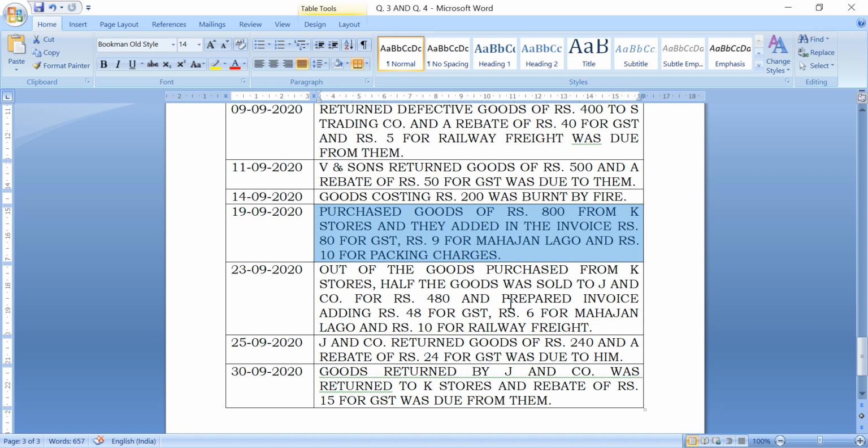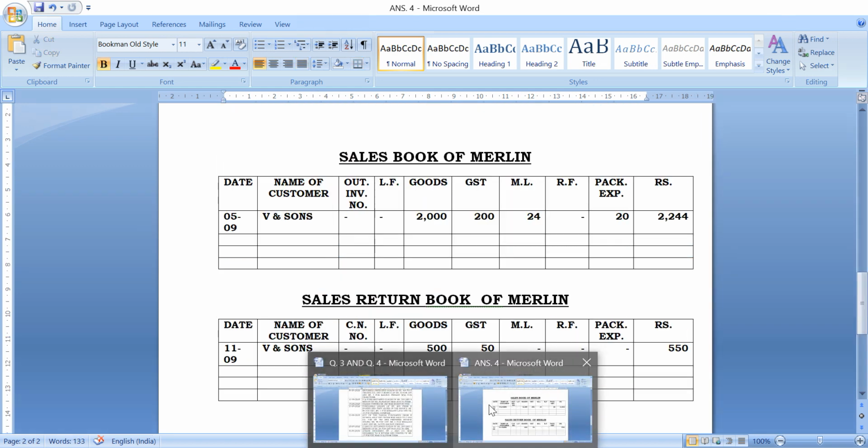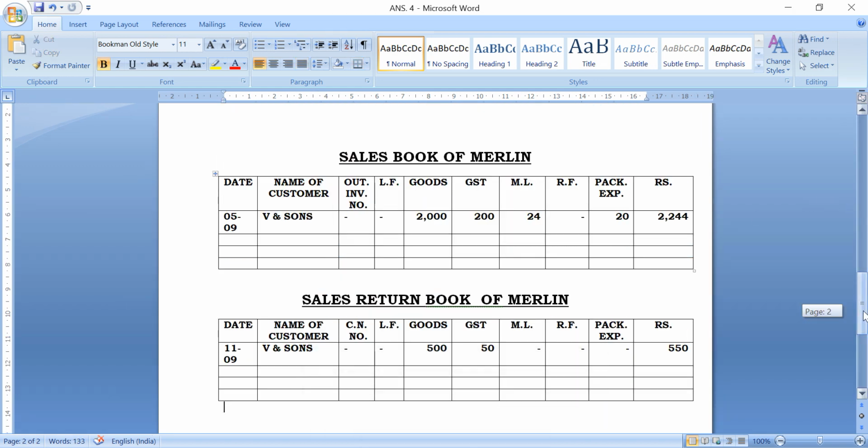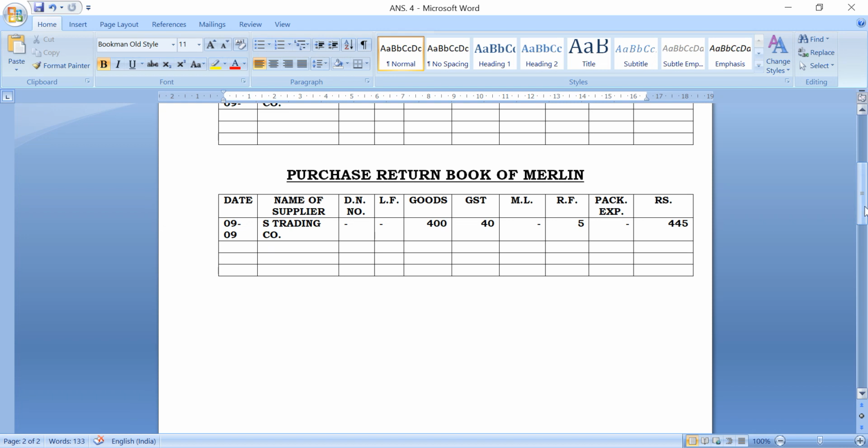Purchased goods of 800 rupees from K stores, and they added in the invoice 80 rupees for GST, 9 rupees for margin lago, and 10 rupees for packing charges. We are making purchases. Let us go to the purchase book.